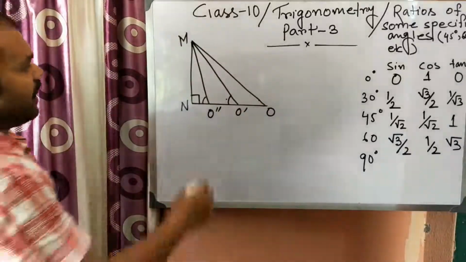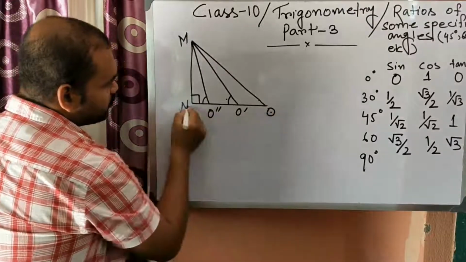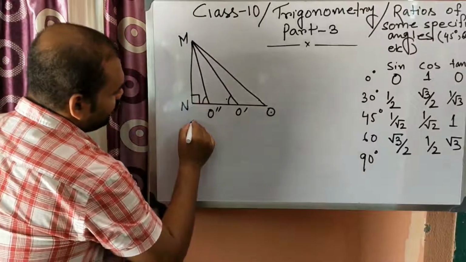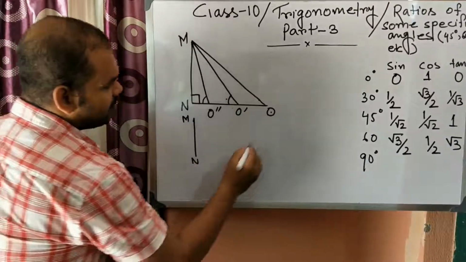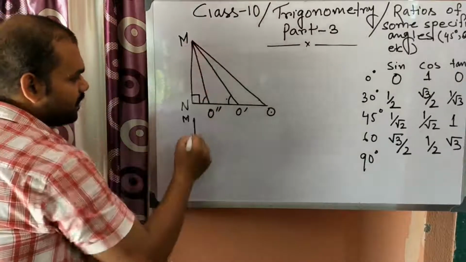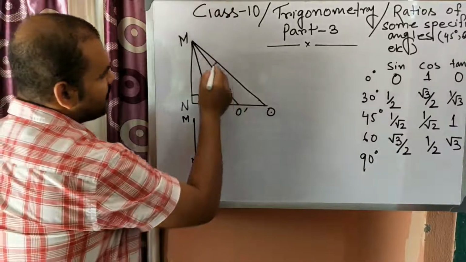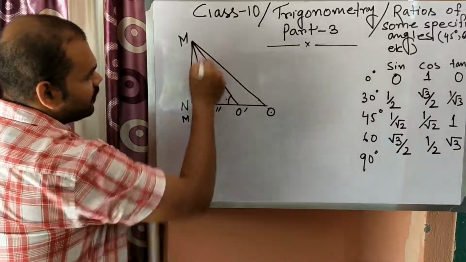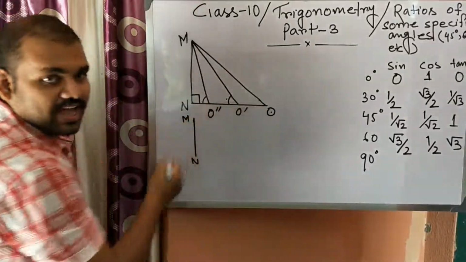Now at a particular time, when this O comes to N, we will get only MN, because the perpendicular remains the same, but the hypotenuse and the perpendicular merge as O point comes to N when we increase the angle.